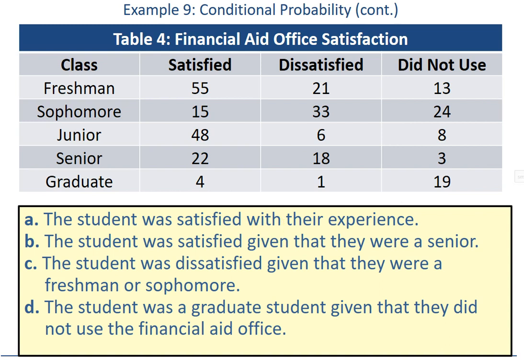Now, for this one, we'd have to add up those students that did not use the service, and that was a total of 67. And in fact, we're looking for graduate students that did not use it. So these were all the students, 67. So in a sense, this is our fraction right here. 19 out of the group that we are selecting. Remember, this is conditional probability.